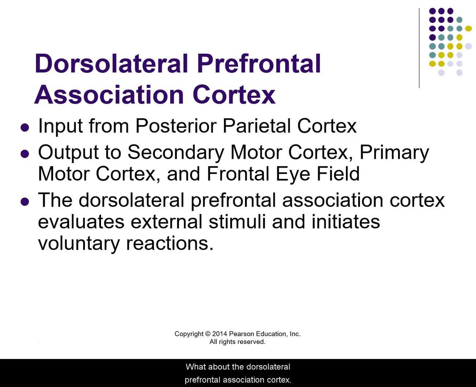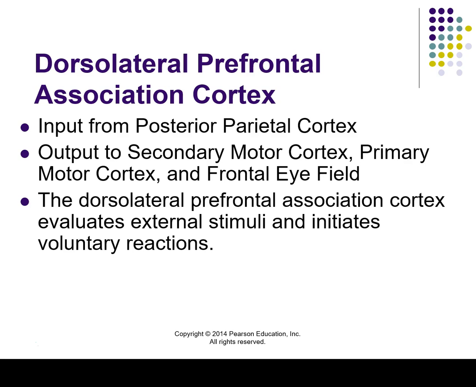Okay, what about the dorsolateral prefrontal association cortex? The last one we talked about was the posterior parietal, and now we're looking at the dorsolateral prefrontal. Both of these were shown on the diagram I just gave you, so we kind of went over both of them, but I'm going to do it again.